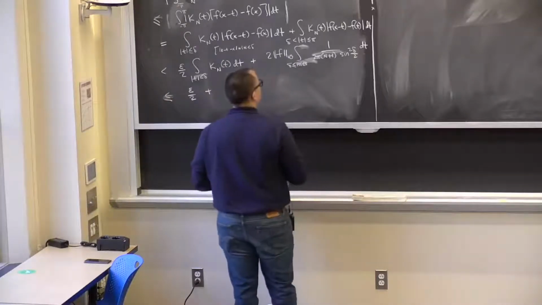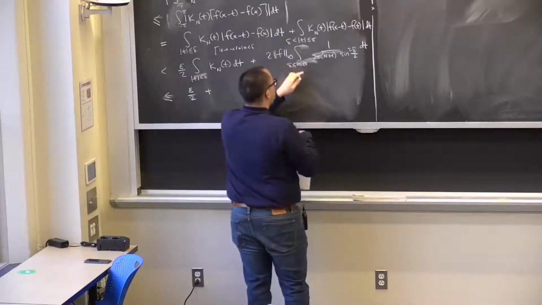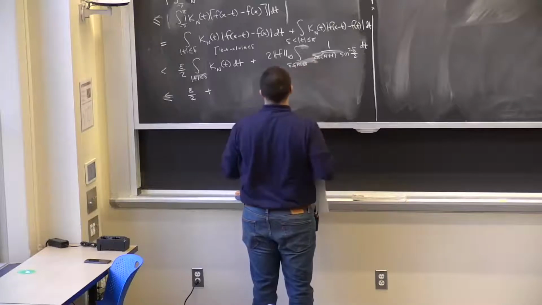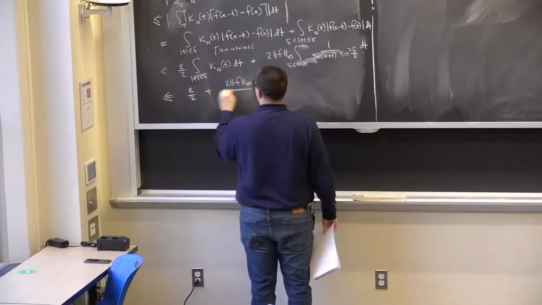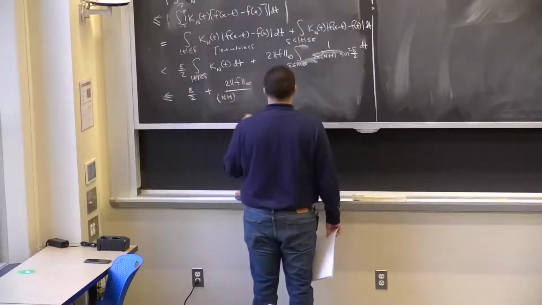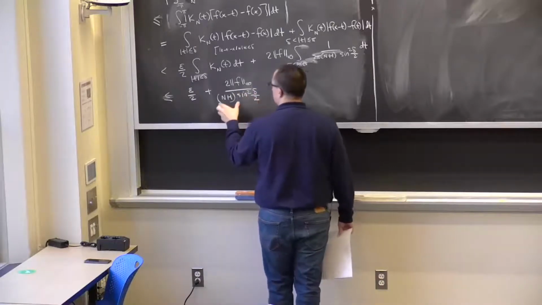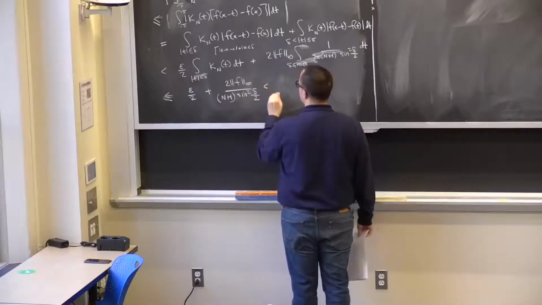Plus, again, making this an integral over the entire region, I get 2 pi times, or divided by 2 pi gives me 1. So I get twice the infinity norm over n plus 1 sine squared delta over 2. And we chose n plus 1 so that this second quantity here is less than epsilon over 2.